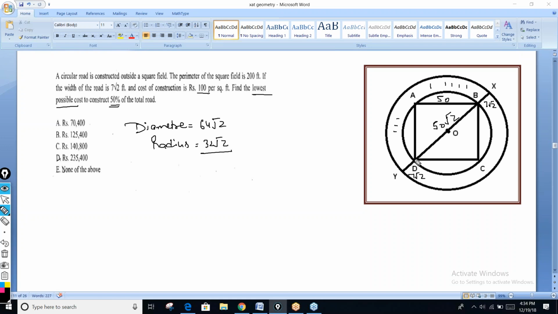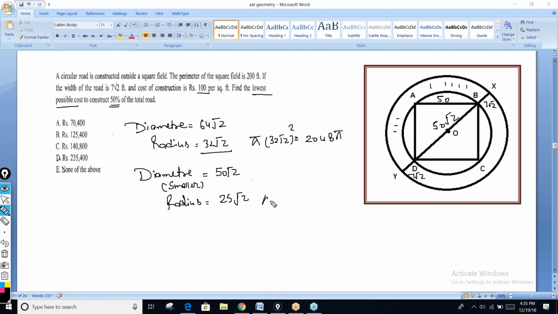And the diameter of the smaller circle is 50 root 2, so the radius will be 25 root 2. So the area of the bigger circle is 32 root 2 squared pi, which is 1024 into 2, 2048 pi. And the area of the smaller circle is 25 root 2 squared, which is 625 into 2, 1250 pi.